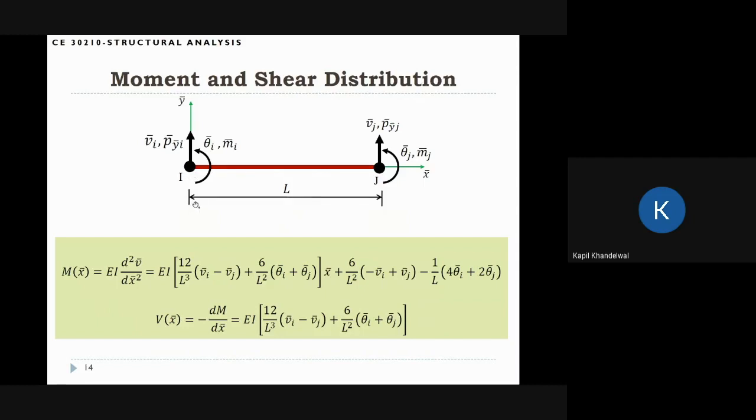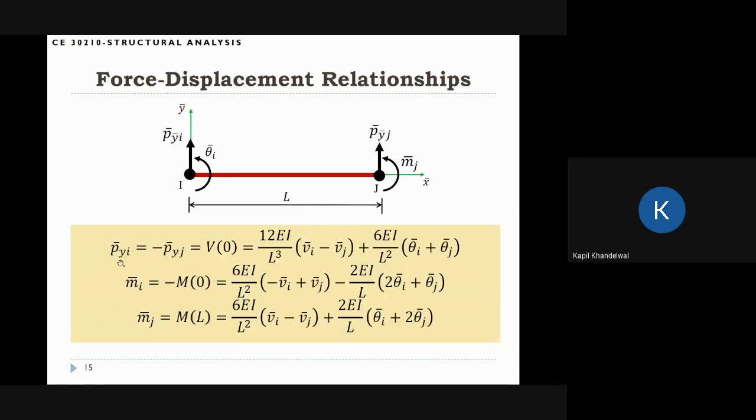Finally, to find pyi, mi, pyj, and mj, we just have to evaluate these relationships at the particular locations. You can see that pyi is equal to minus pyj, and this is just the shear at 0.